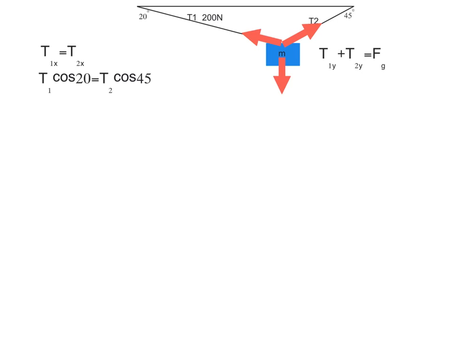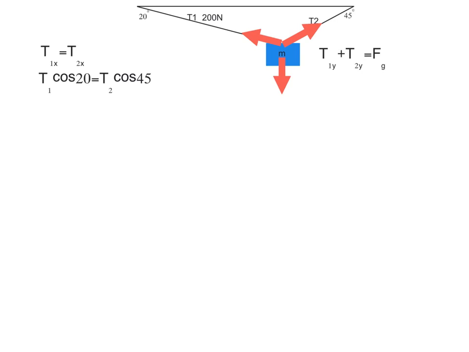And then we can do the same thing with T2x. T2x is the same thing as saying T2 cos of 45 degrees.